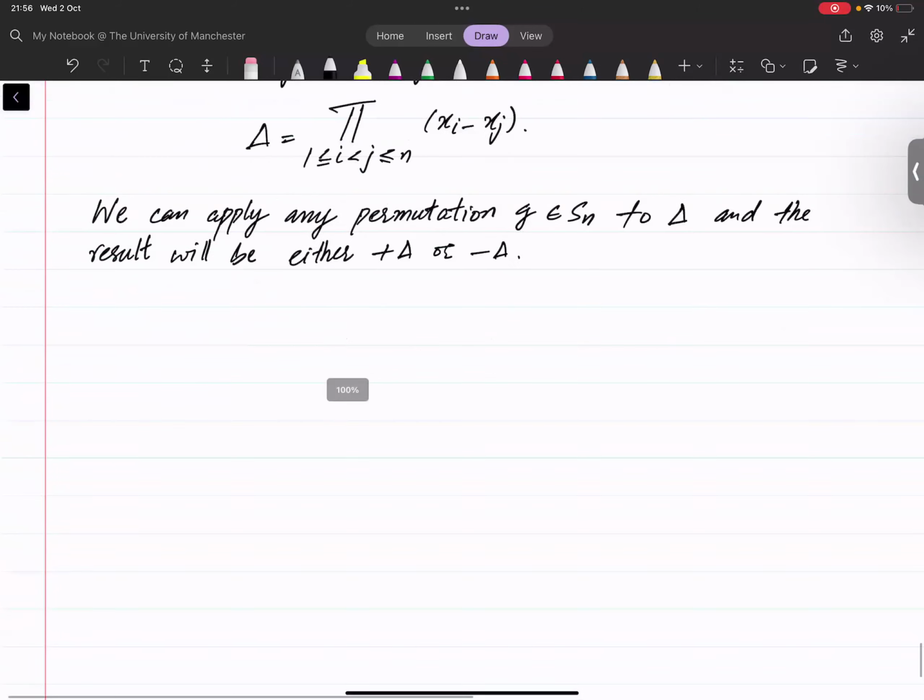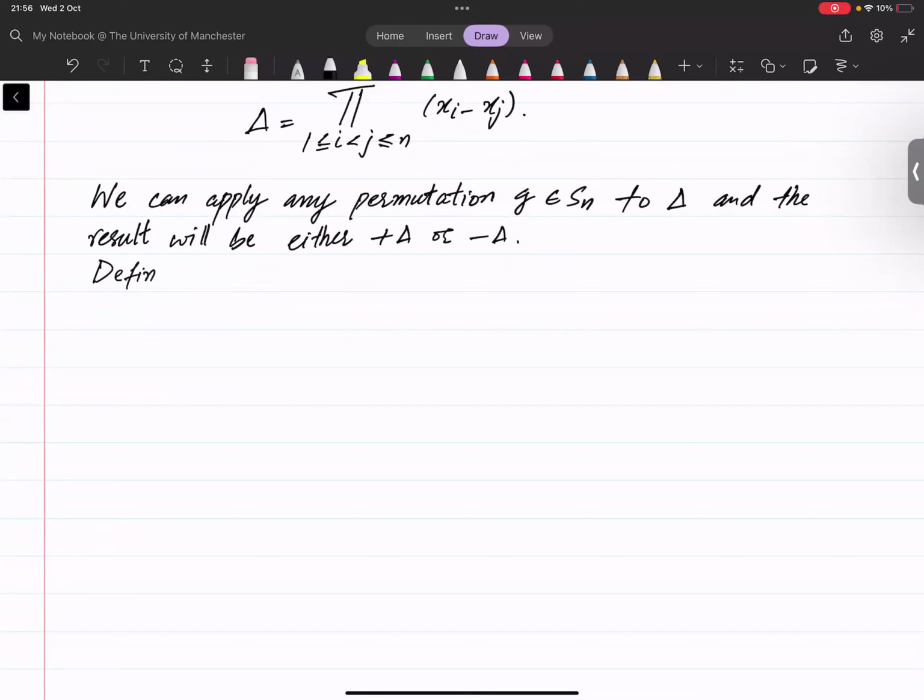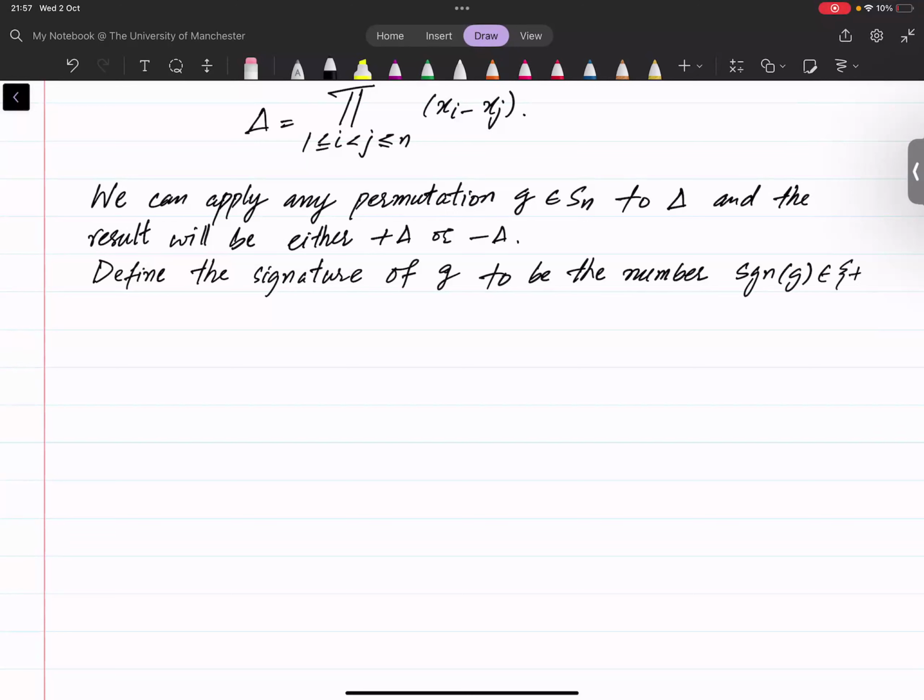Now define the signature of G to be the number sgn of G, sign of G, inside the set plus 1, minus 1, such that G of delta is sgn of G times delta.